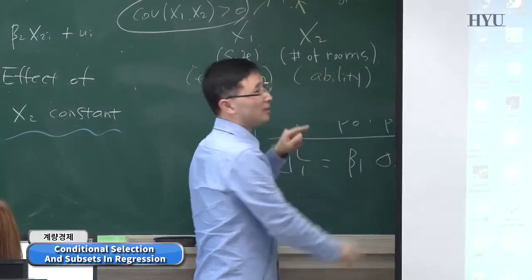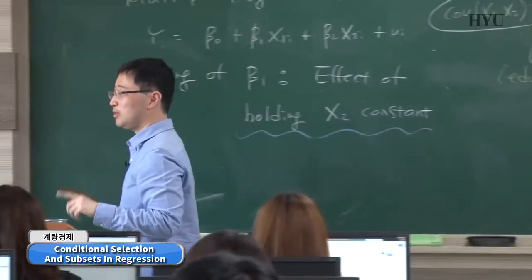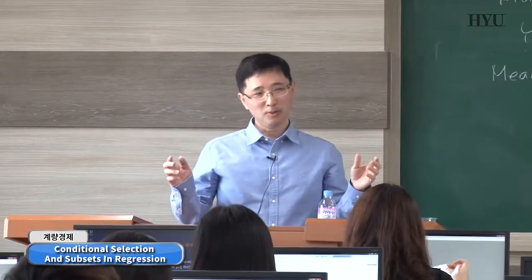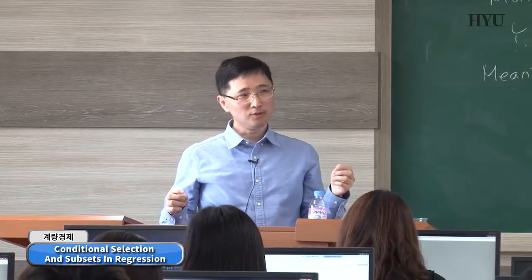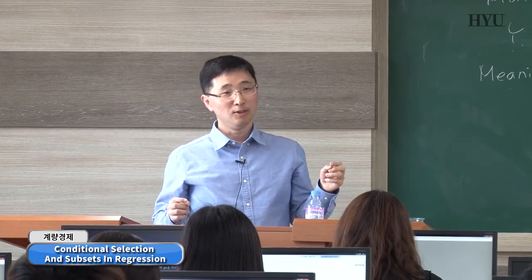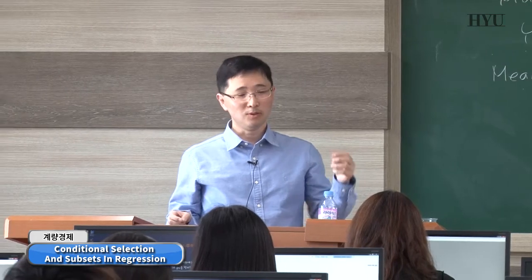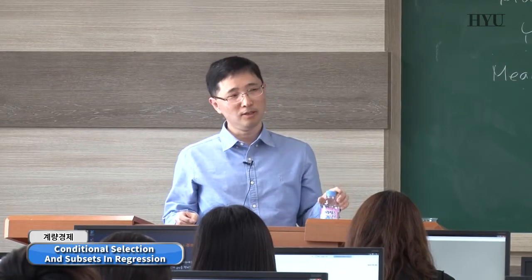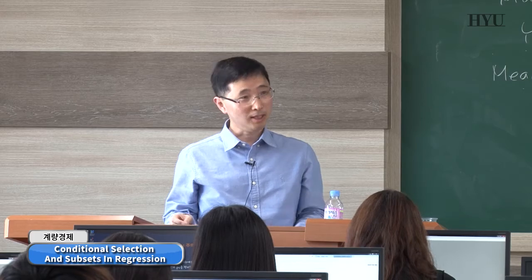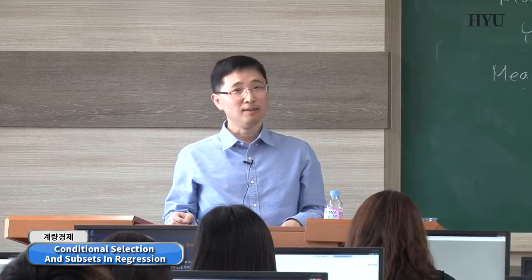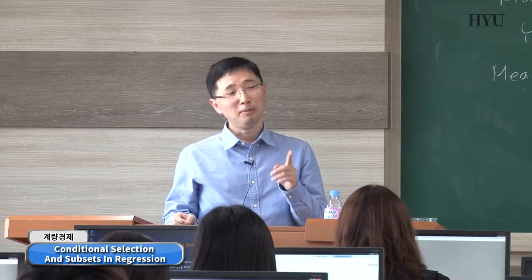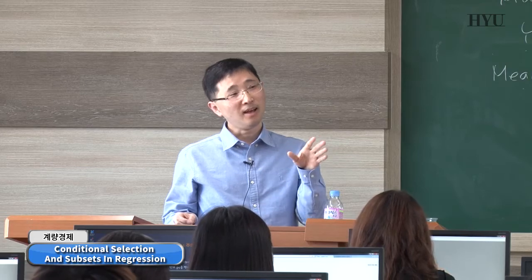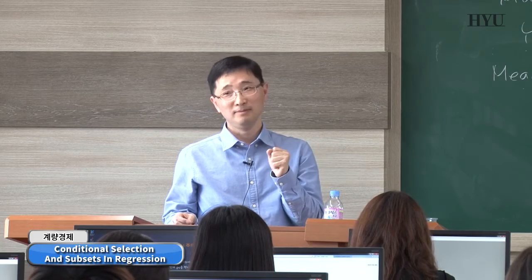Think about this example again. Just in case, suppose that you run the regression and you present your research, okay? So you say 1 more year of education increases wages by 10%. And if some people ask, it is maybe because they are more able people, okay?